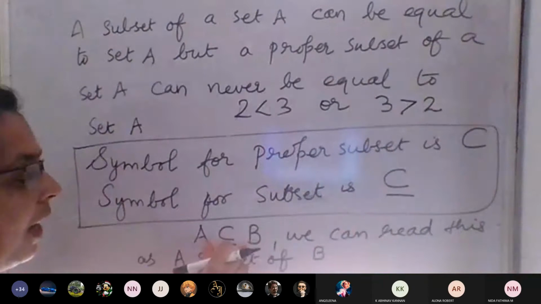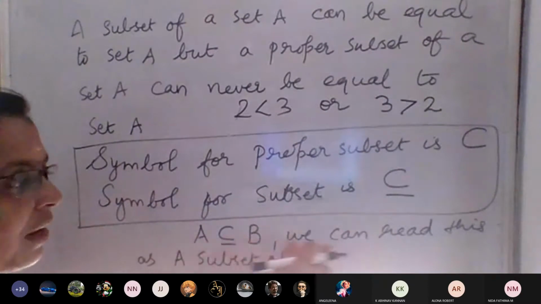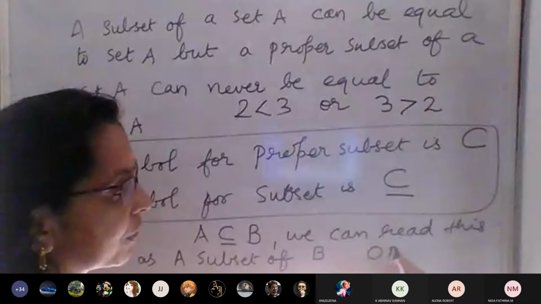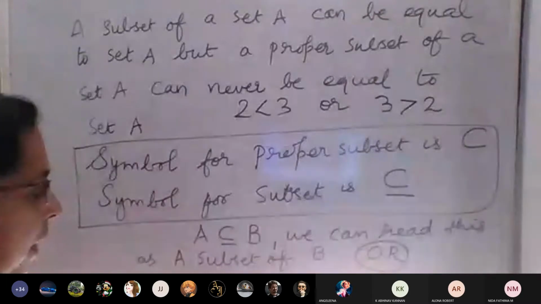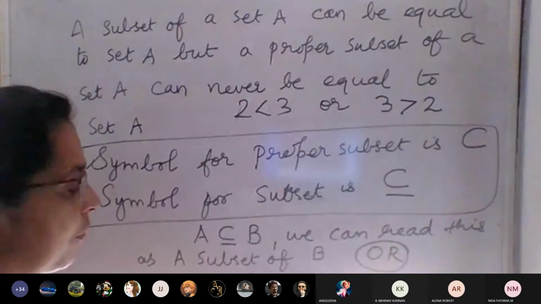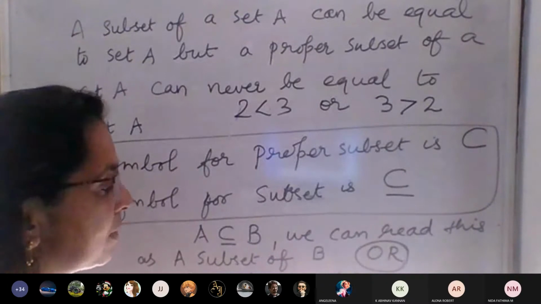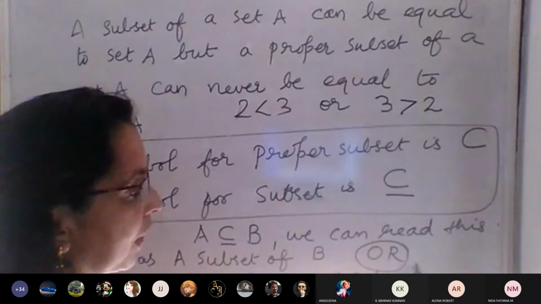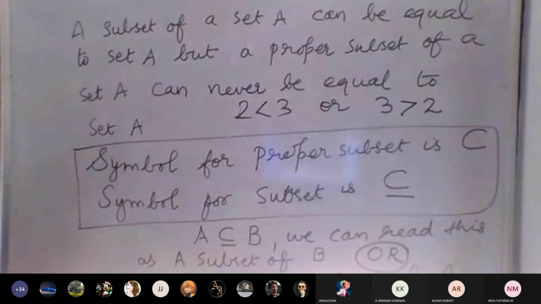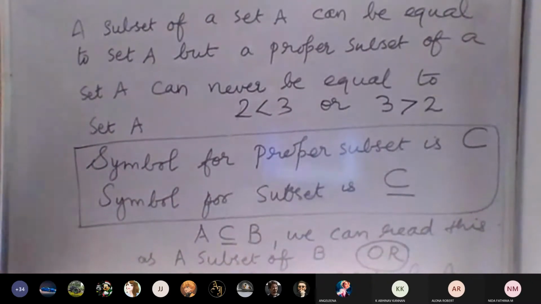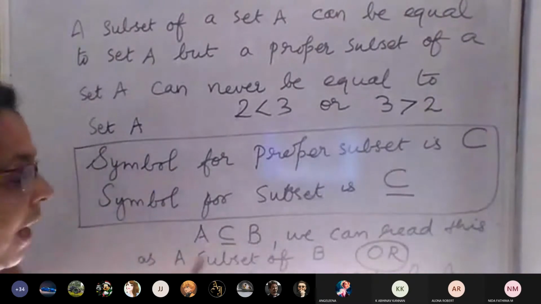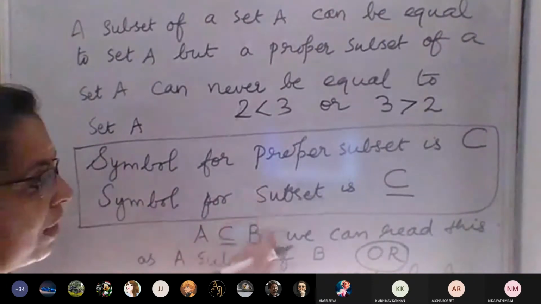Same way, A subset of B. That is, we can read this as A subset of B, or B is a superset of A. Either we can say B is a superset of A, or A is a subset of B.